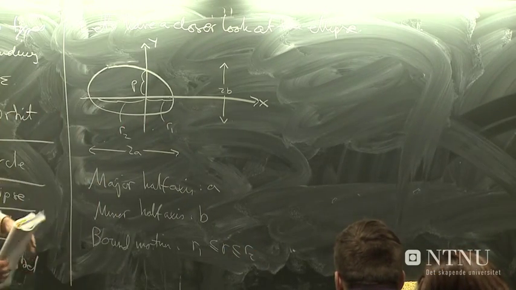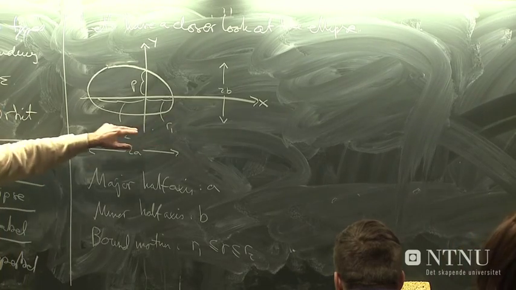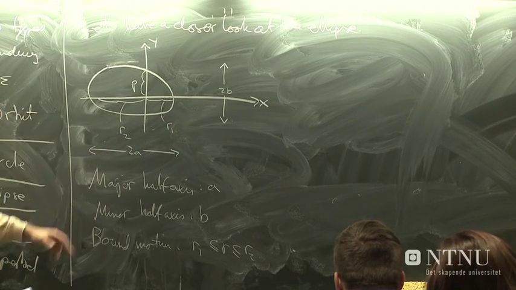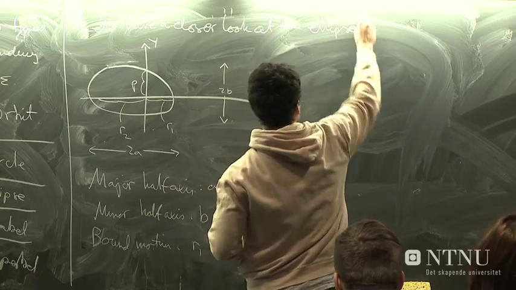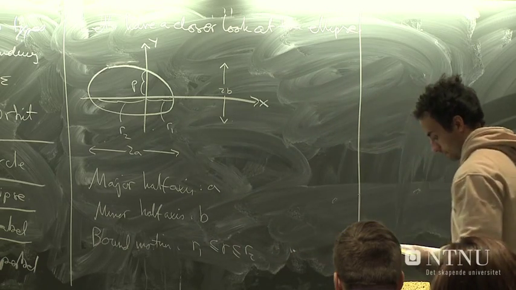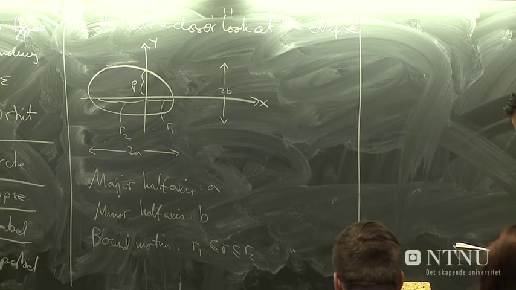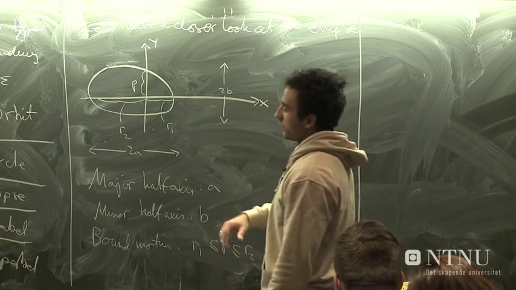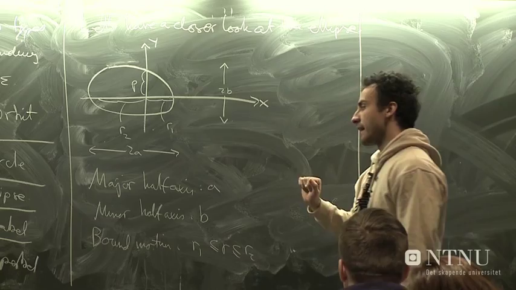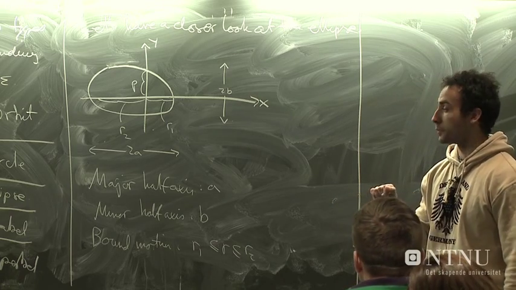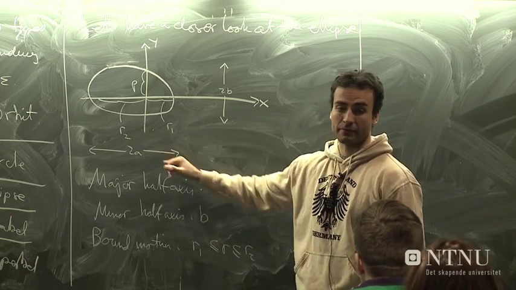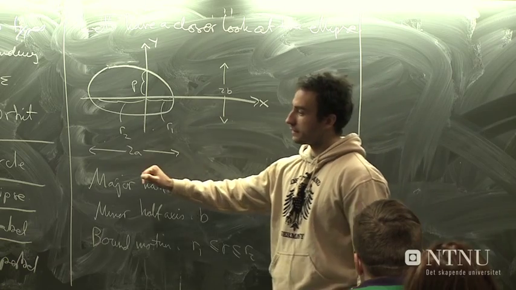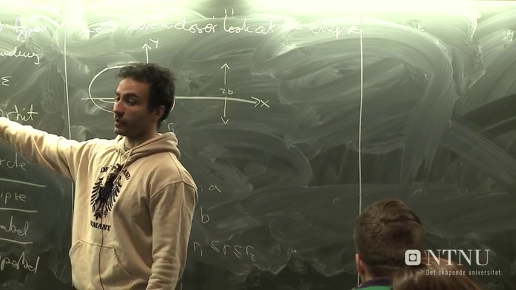So we have a bound motion between R1 and R2. So according to this figure, we can now actually obtain information about these half-axes and how they depend on our parameters.